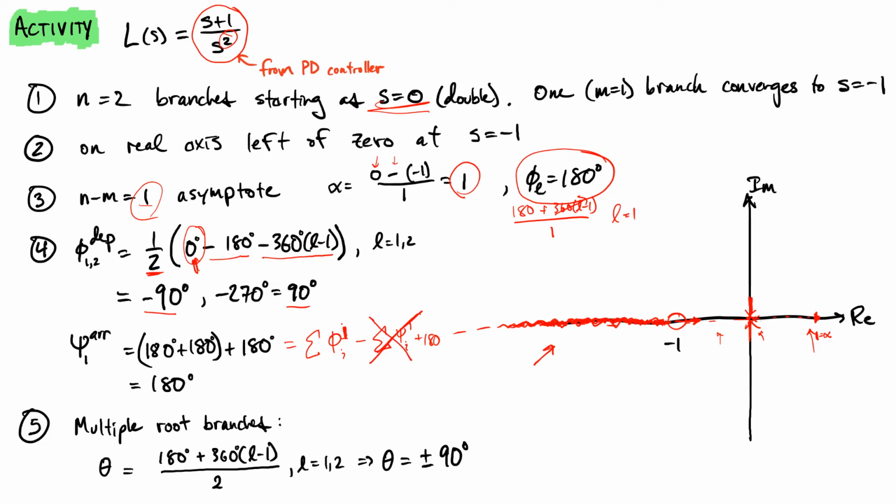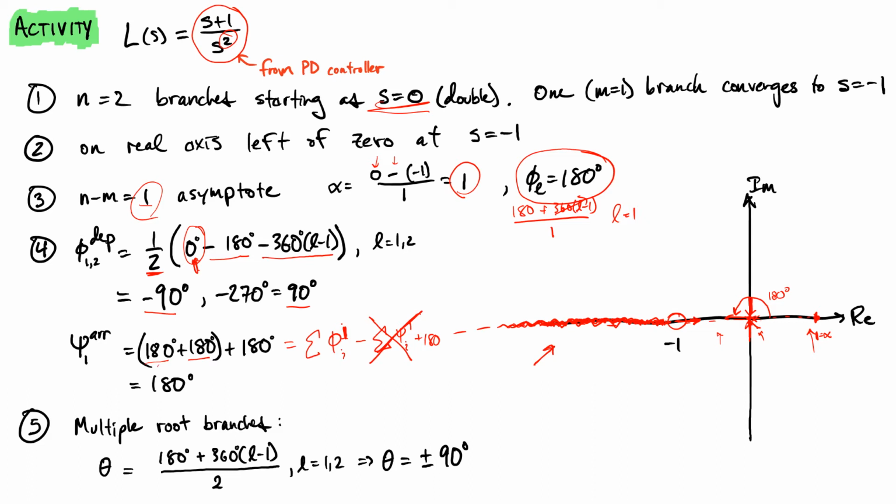And in this case, we have 2 poles. They're located at the origin. In order to look at this 0, you have to observe an angle of 180 degrees. And so that's why we add in 180 degrees. And since there's 2 of these, we get 2 of them. And so when you add this all up, you get 360 plus 180, and you can get rid of the 360.